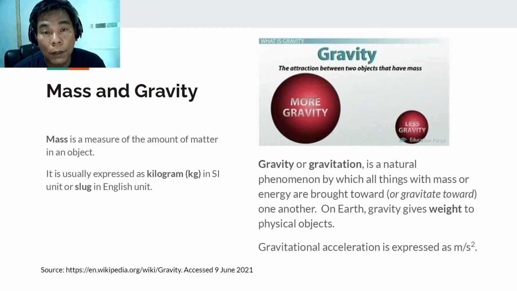Also, gravity or gravitation is a natural phenomenon by which all things with mass or energy are brought toward, that is, gravitate toward one another. On Earth, gravity gives weight to physical objects, and normally the gravitational acceleration is expressed as meter per second squared in SI units, or feet per second squared in English units.